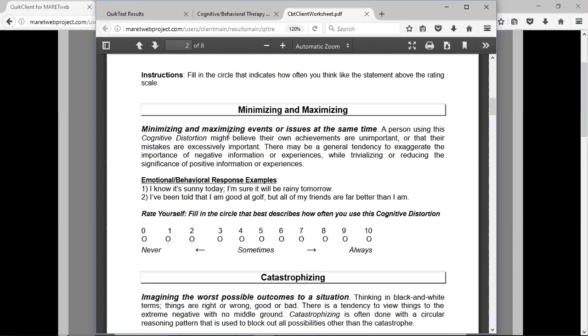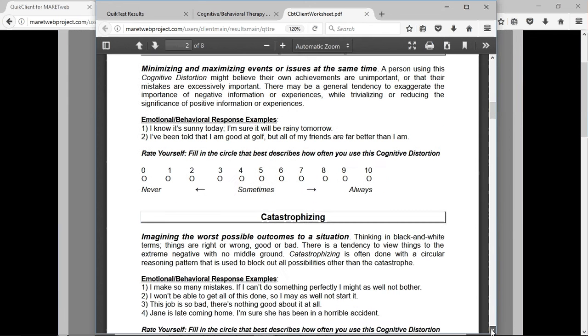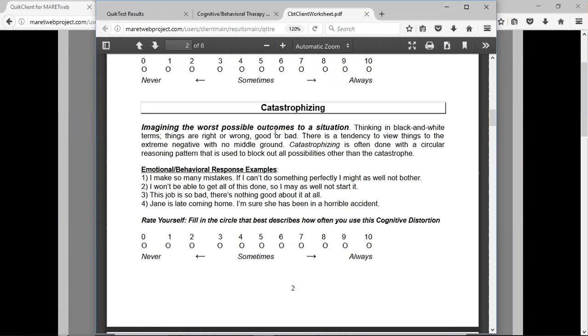Each automatic thought is titled, defined, and then shown by example, and they rate themselves. Next, title, definition, examples, they rate themselves.